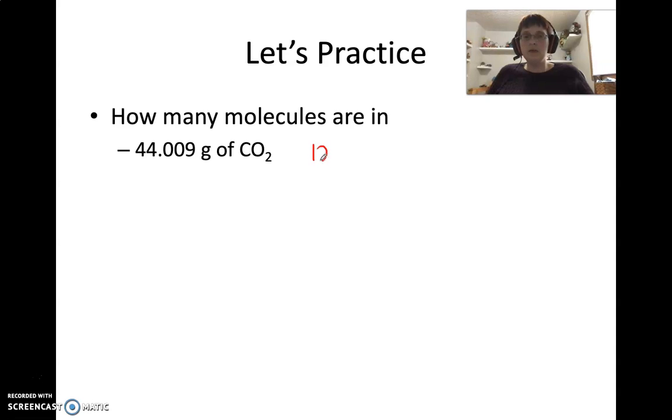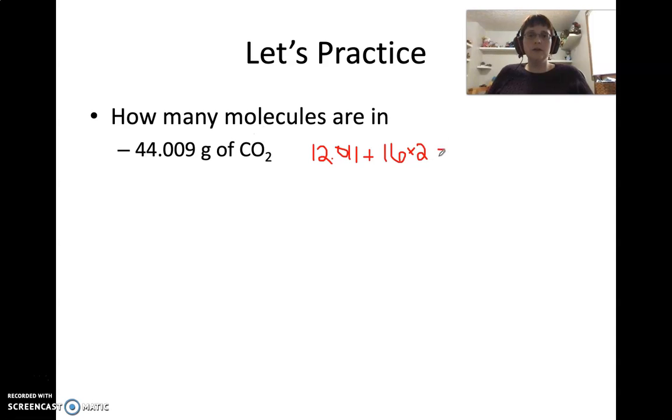So carbon is 12.011. And we're going to add that to oxygen. So that's 16. Now that's times 2, right? Because we've got 2 oxygens.